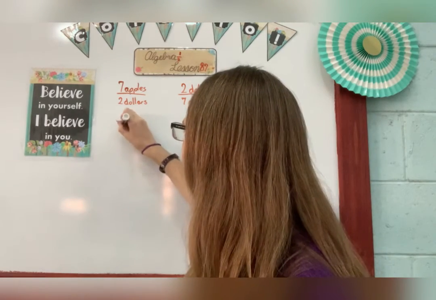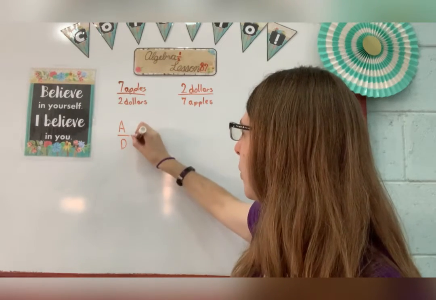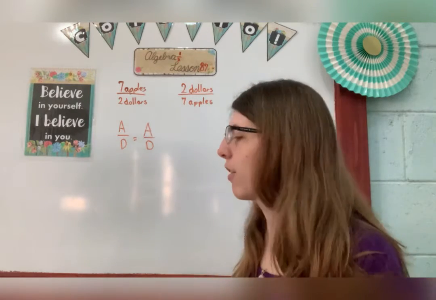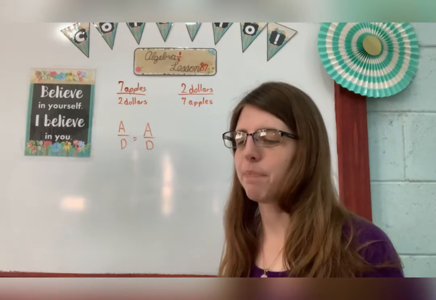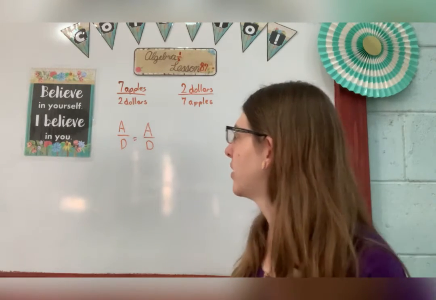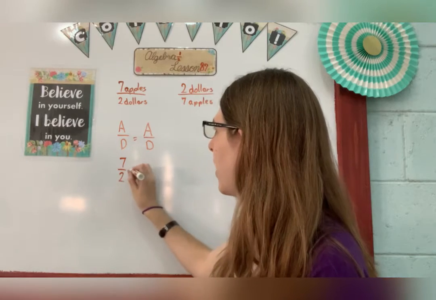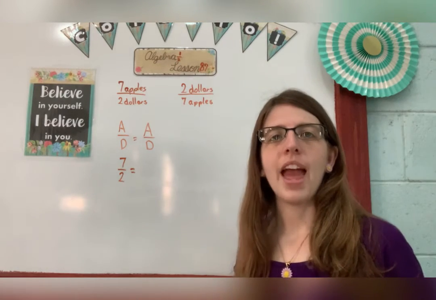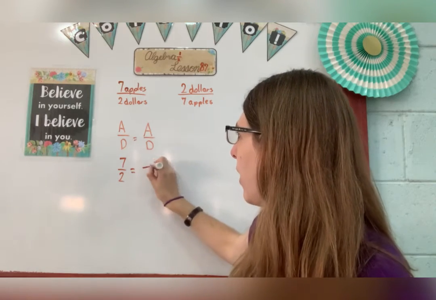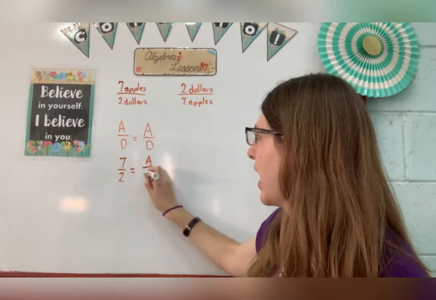If I work this problem as a ratio, I have to identify what I have. I have apples to dollars. So any apple to dollar is going to equal the other apple to dollar when I keep my ratios the same. So if I say that my ratio of apples to dollars is 7 to 2, and I want to know how many apples I have for $10, well, I'm looking for apples, so that part stays a variable. I have $10.